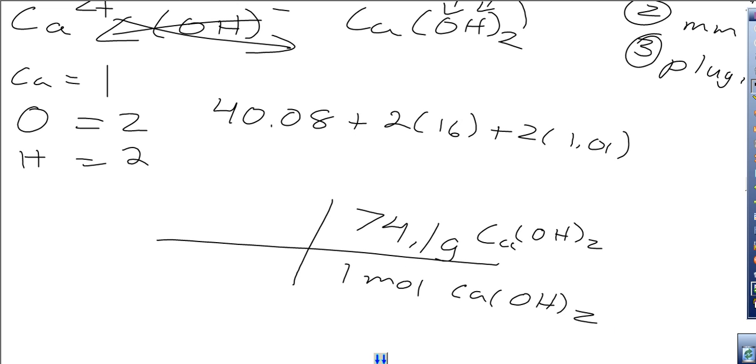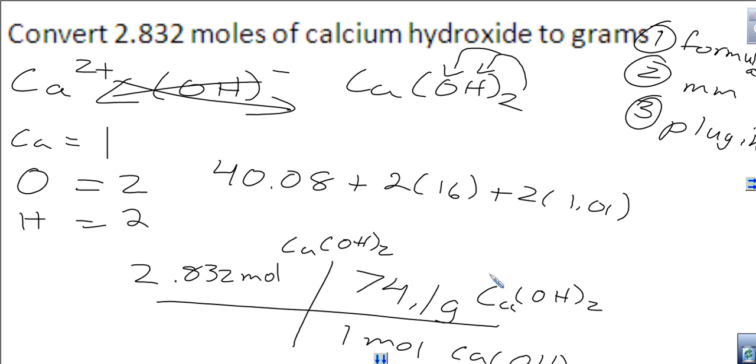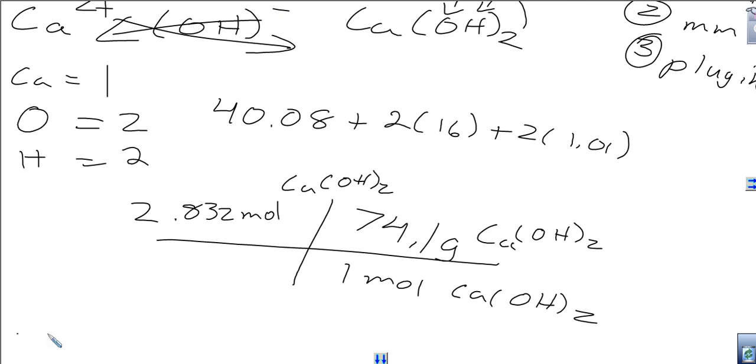Now, what happens next is I get my original number, 2.832 mole Ca(OH)2. I plug this in, and now I solve. So this equals some number. It's going to equal 209.85 grams Ca(OH)2.